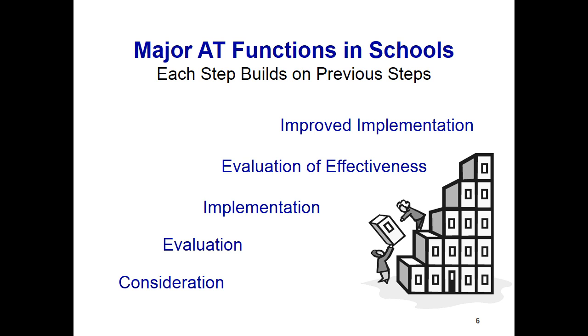So we need to look at how we can implement with fidelity, and one of the things that we can look at, again, is those quiet indicators. And then also, which goes hand in hand with that, is that evaluation of effectiveness. Are we being effective with our assistive technology implementation process?